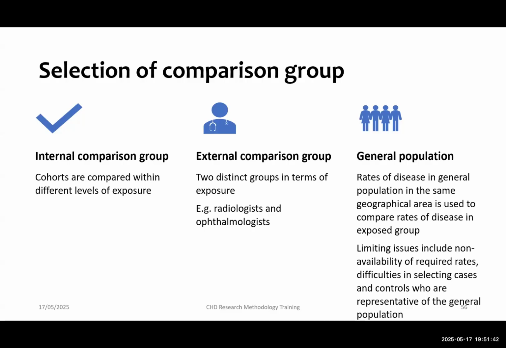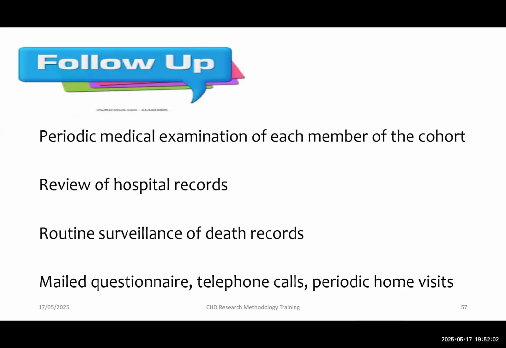So you have an external comparison group. Or the comparison group can also be from the general population. But for you to use a general population comparison group, it means the rate of the disease in the general population in the same geographical area is used as a comparing rate to the exposed.